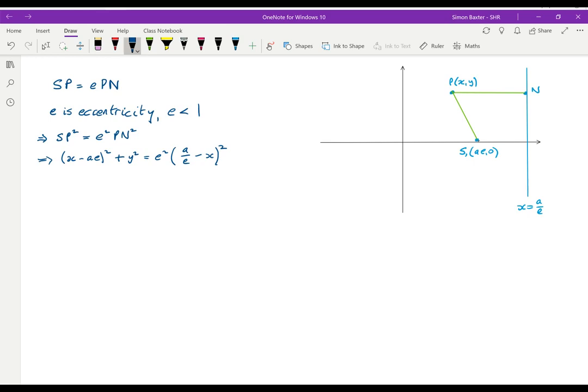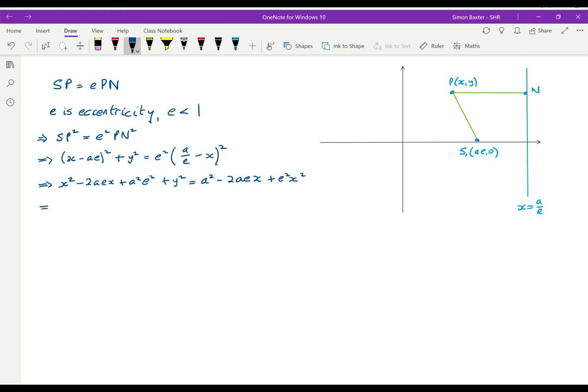Little bit of algebra now. x squared minus 2aex plus a squared e squared plus y squared. Can we multiply out and square, multiply by e squared at the same time? a squared over e squared times e squared, minus 2a over e times e squared x, plus e squared x squared.